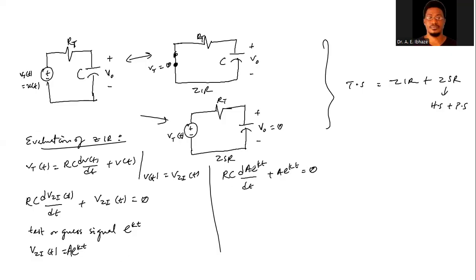Once we differentiate this, we get the same thing, so that this will now be RC times K A e^(kt) plus A e^(kt) is equal to 0.